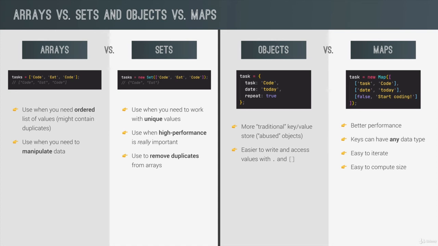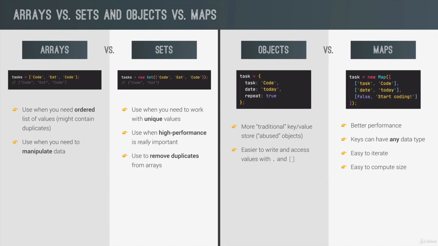Now, maps, on the other hand, are way better suited for simple key value stores, because they offer better performance, in fact. Also, map keys can have any data type, and they're also easy to iterate, and it's easy to compute the size of a map.